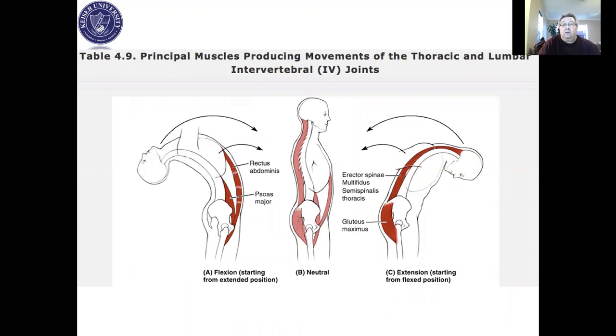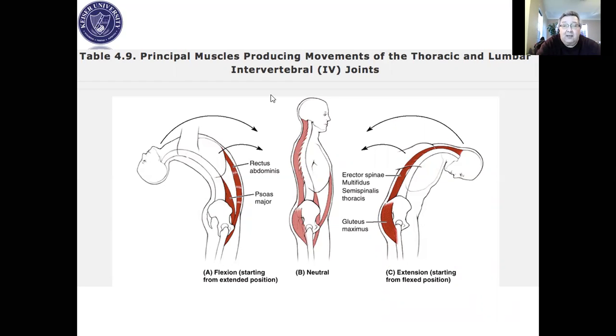So this screen is basically showing you the muscles that help move the thoracic and lumbar vertebra. If you take a look at the middle portion of this picture, there's a person in the neutral position. If we start with letter A on the left, they're starting in an extended position.